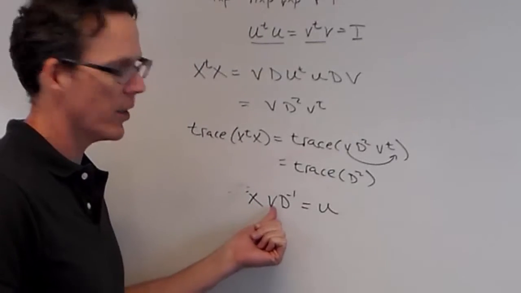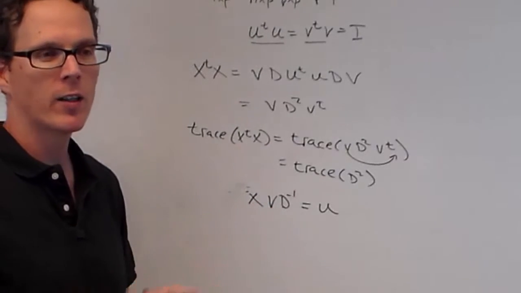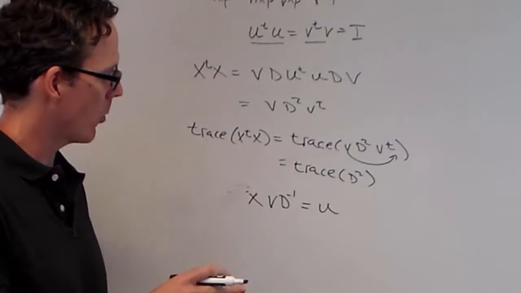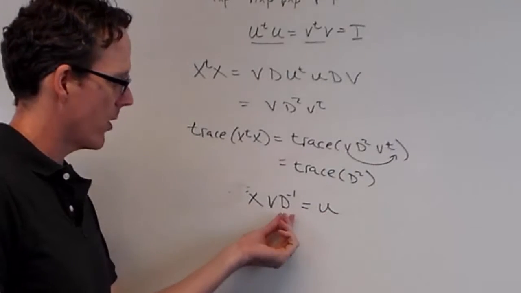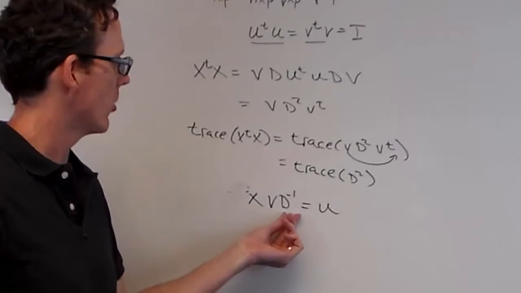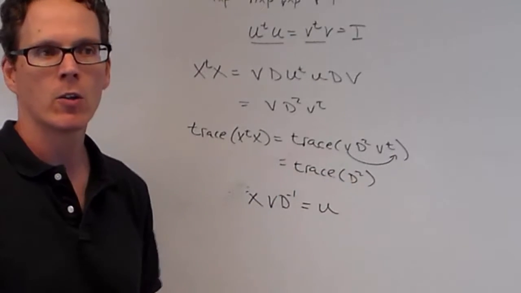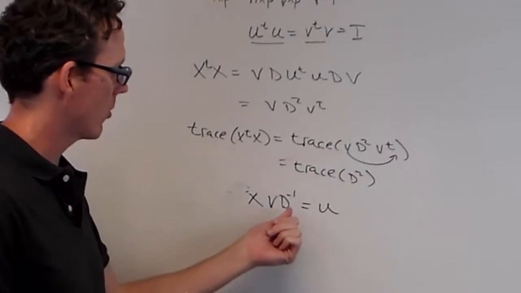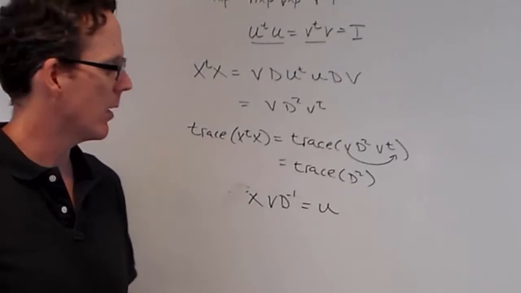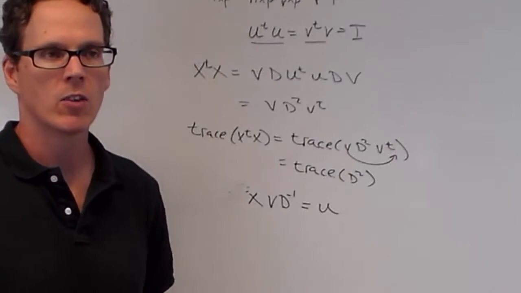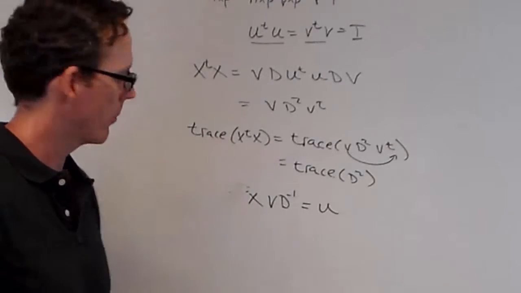So what v does is it combines the columns of x in such a way that it gives us these scores, and then the d inverse is sort of a normalization term, right? You can think of the d's as standard deviations, so multiplication by d inverse is sort of like normalizing in the sense of dividing by a standard deviation.